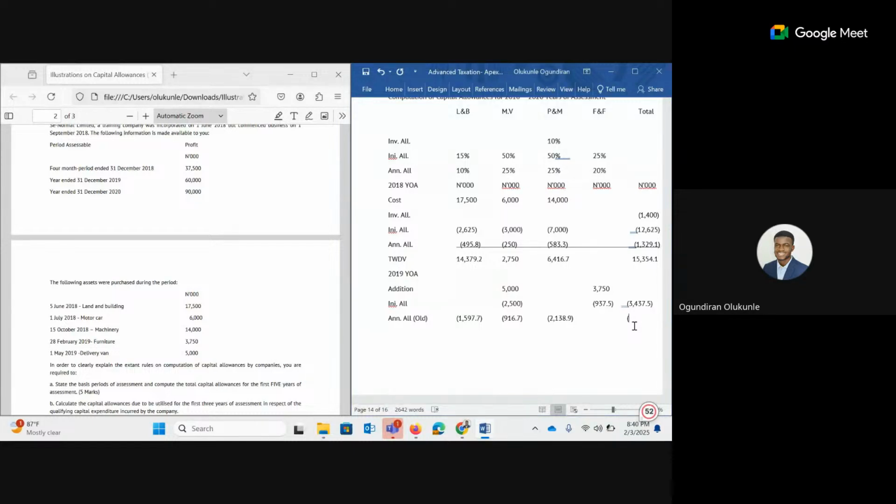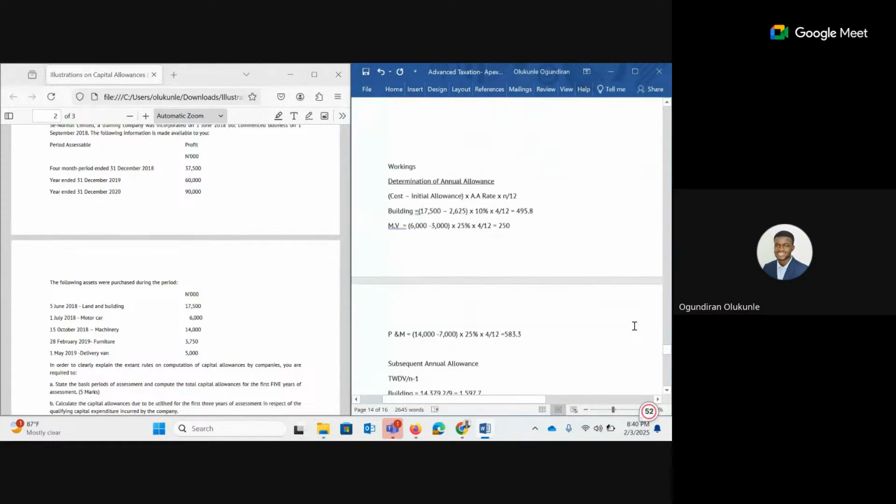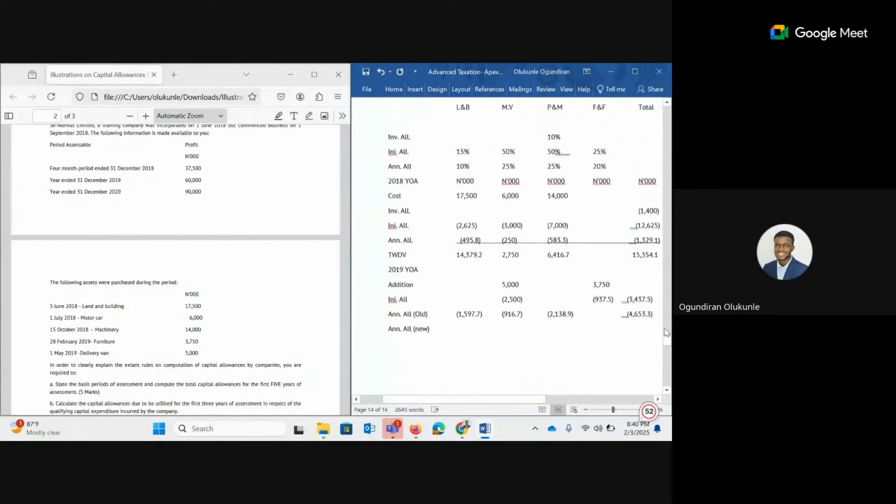The total, 4653.3. All right, so the annual allowance of the new assets. For this one, you don't need to prorate, right?